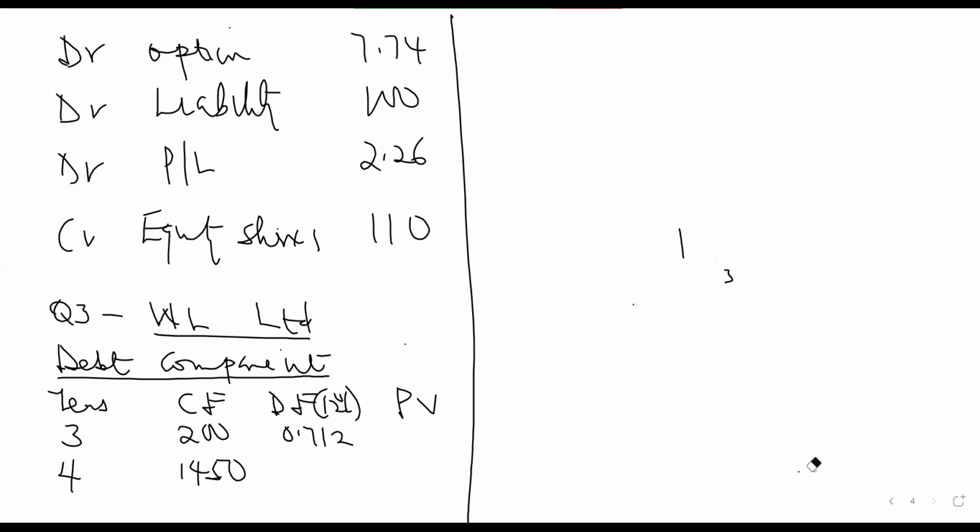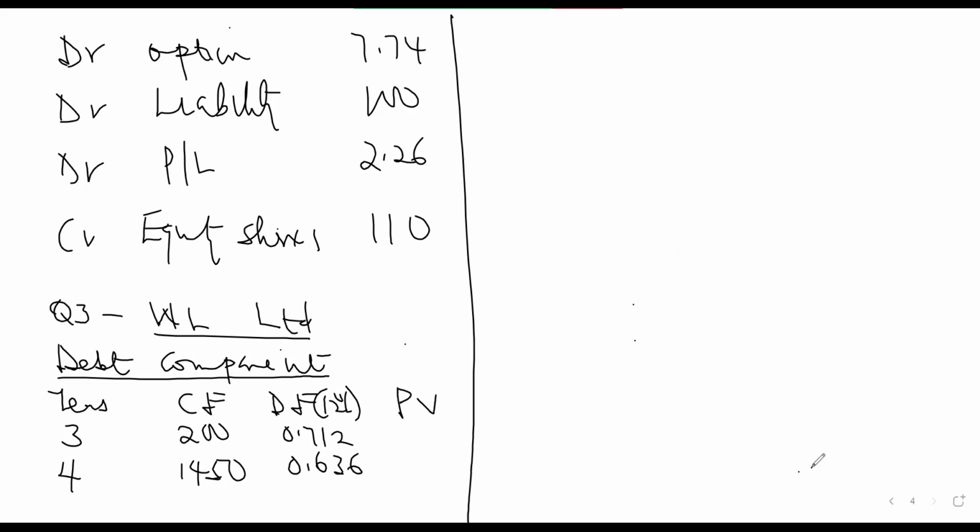Please, your approximation should always be to 3 decimal places. 0.636. Okay, 636. So let's now multiply.